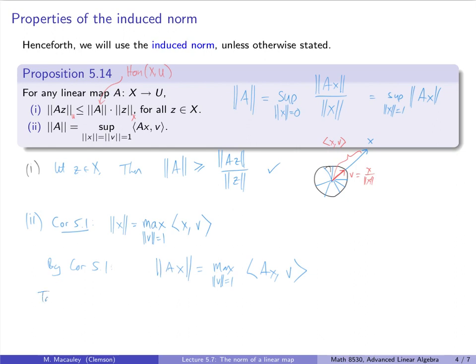So apply the supremum over all unit vectors to both sides. And if I do that to the left-hand side, I get, by definition, the norm of A.